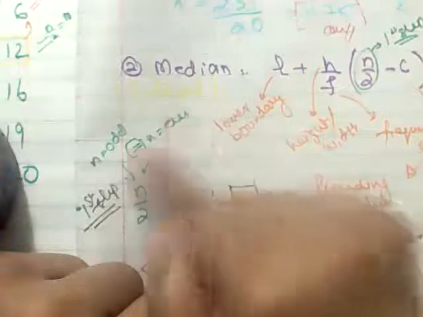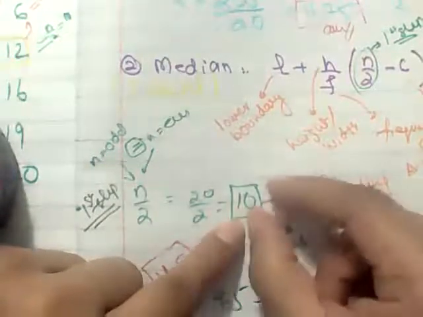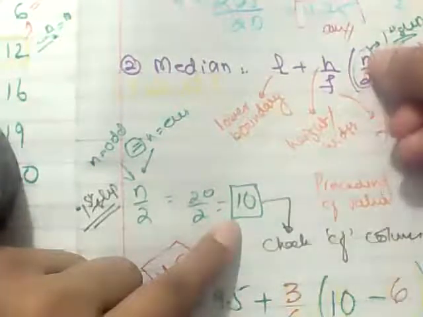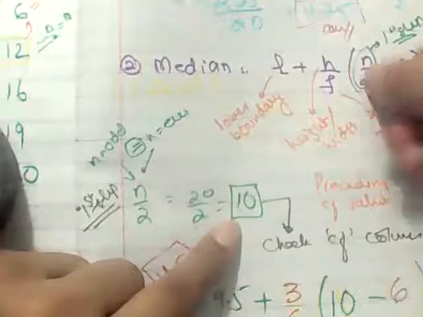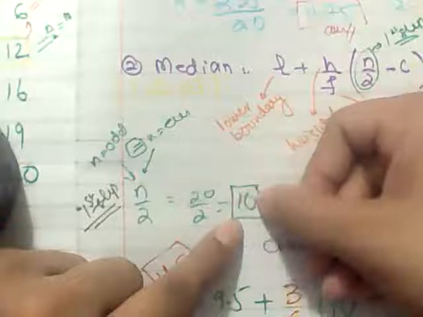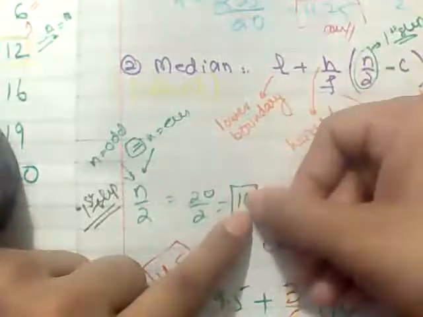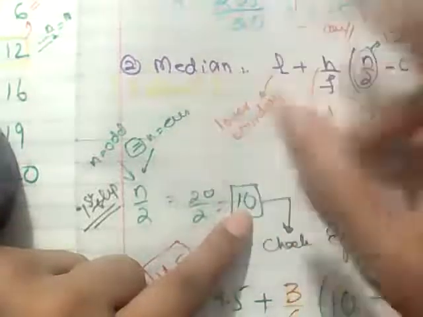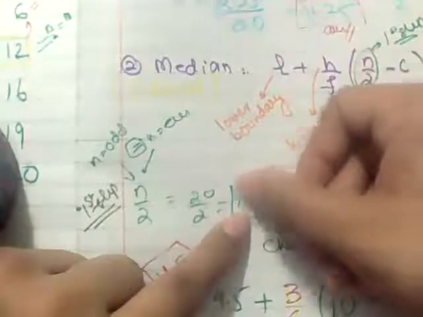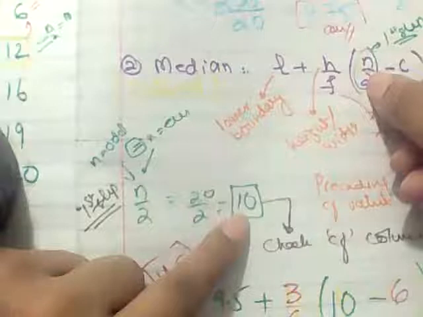Whatever number comes, take that number only and put it in the place of N upon 2. If it comes as 10.5, write 10.5. If it comes as 10, don't do 10 plus 11, just write 10. Whatever number comes here, you substitute it first in the formula.